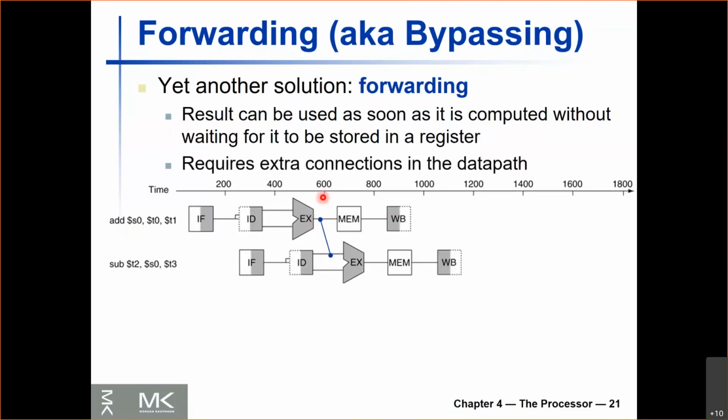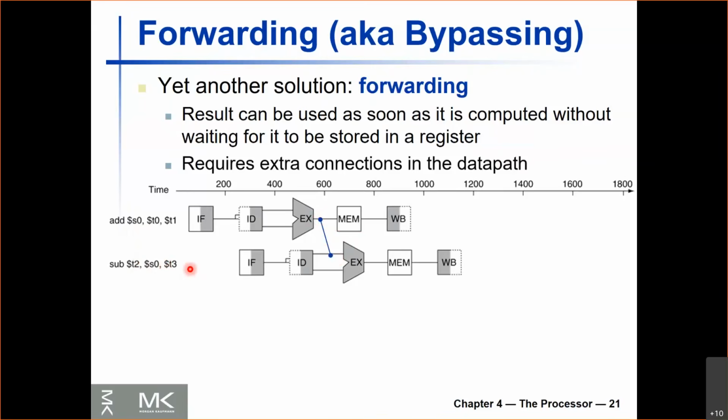Okay, and this requires extra connections to our data path. Later on, we will look at how we can pipeline the data path and apply this optimization to it. But for now, it's just important to realize that we can apply forwarding or bypassing to avoid having to stall in between these 2 instructions due to the data hazard.